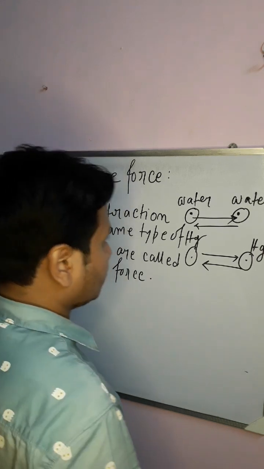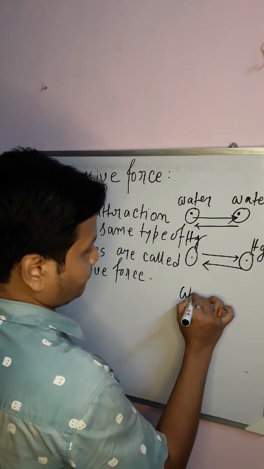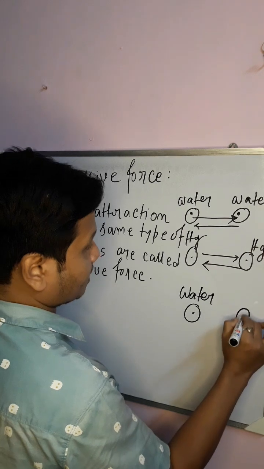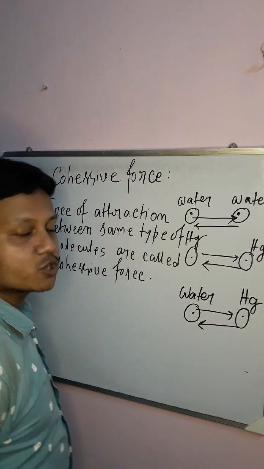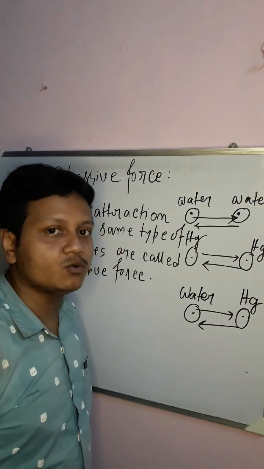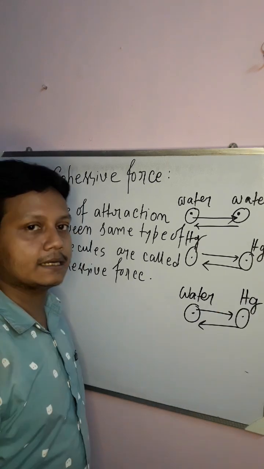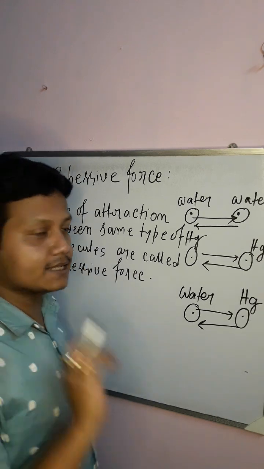Fine. Now just take another example. Say this is a water molecule and this is a mercury molecule, and both the molecules possess a force of attraction to each other, but here the molecules are different. One is water and another is Hg. So this type of attraction is known as adhesive force.